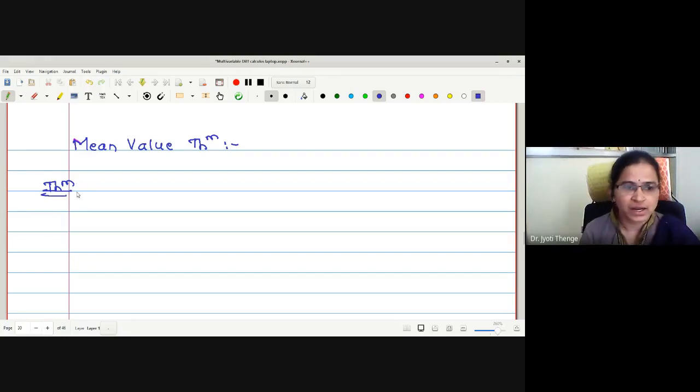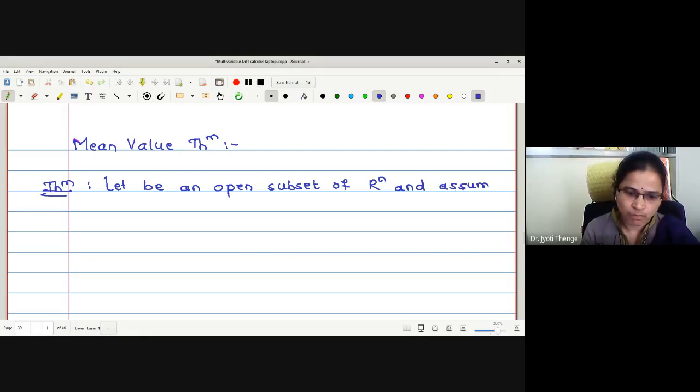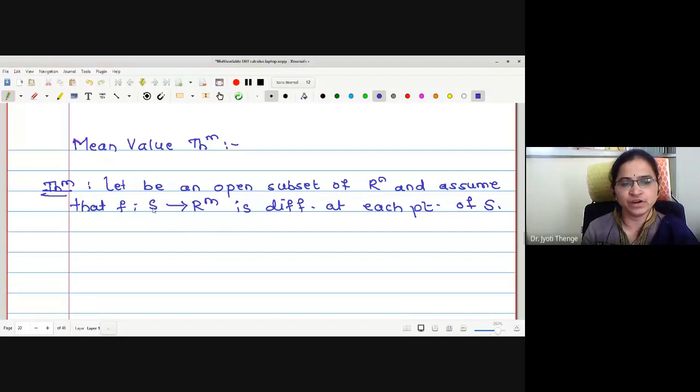The statement says: let S be an open subset of R^n and assume that f from S to R^m is differentiable at each point of S. The function is defined on an open subset, and it is differentiable at every point of the domain.